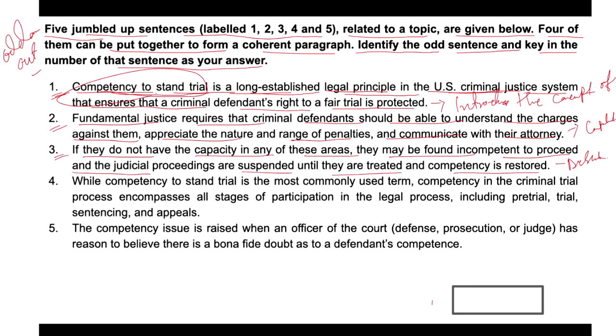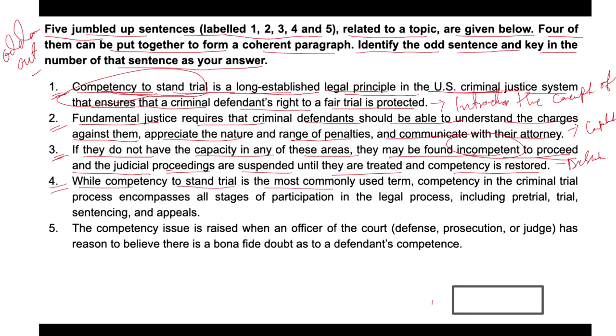So therefore, we can say that sentence three describes the procedure when a defendant is found incompetent, and how judicial proceedings are suspended until they are treated and competency is restored, isn't it?